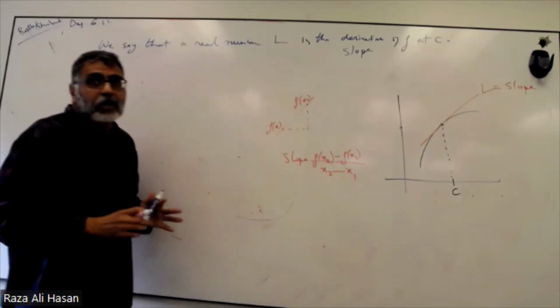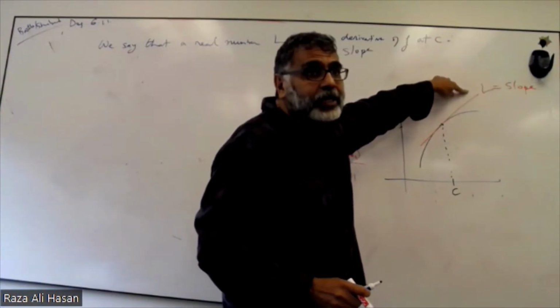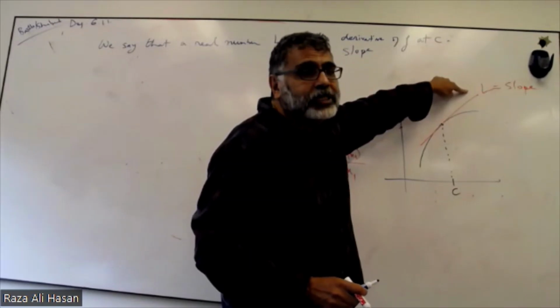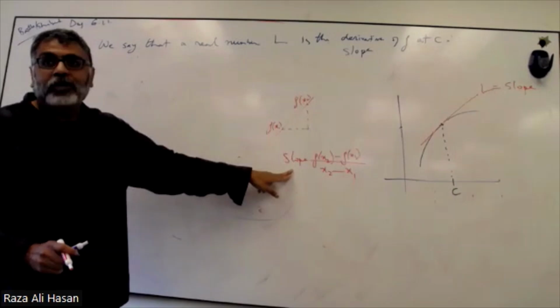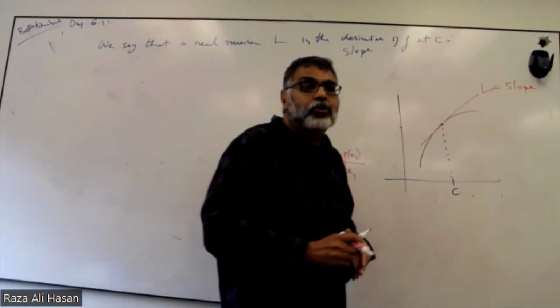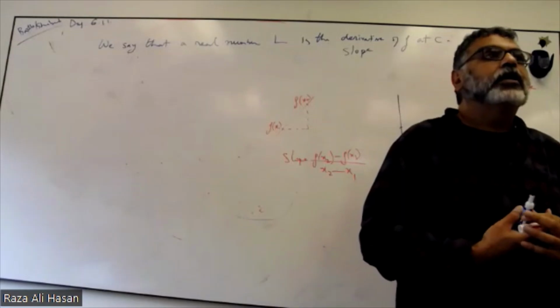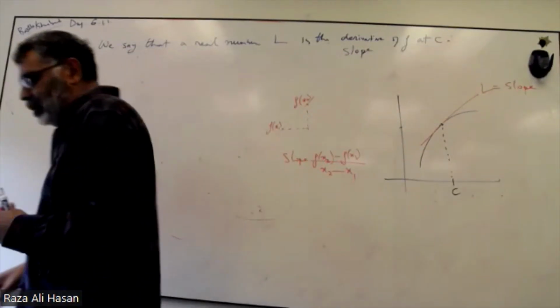Can anybody tell me how we figured out the slope of this red line? We use this formula. I just moved it here because we don't know how to find slopes of curves. We don't have that. Okay, all right. Now let's move on.